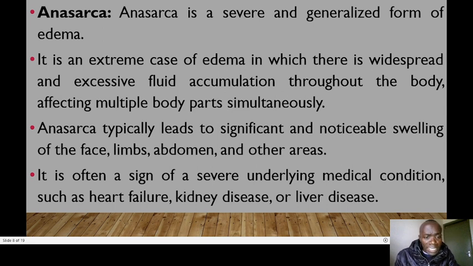You find that Anasarca typically leads to significant and noticeable swelling of the face, limbs, abdomen, and other areas at the same time. It's often a sign of a severe underlying medical condition such as heart failure, kidney disease, liver disease, or even echinococcus infestation.